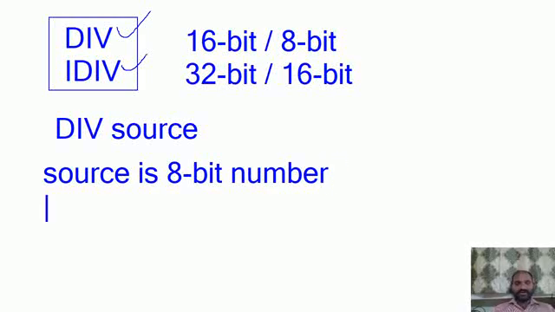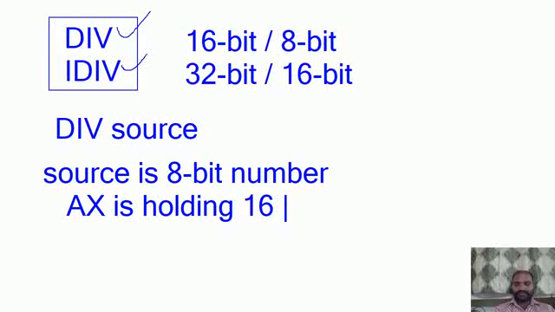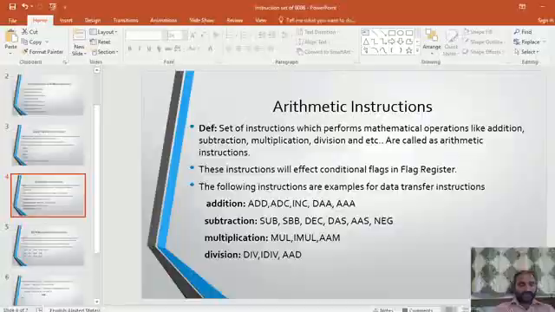That number is nothing but AX, which is holding the 16-bit number. Sir, we are getting confused. Then in short, I'm going to write one thing. Wait a minute. Okay, so let me write.